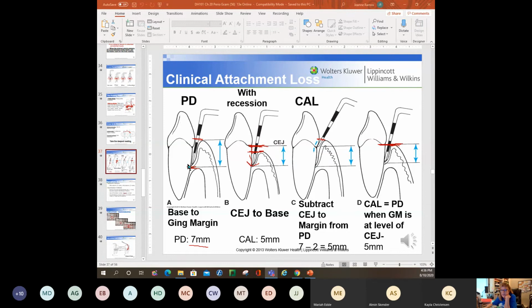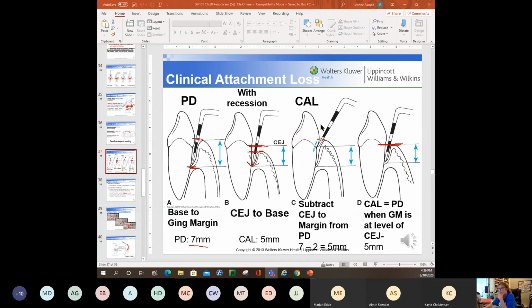This gum has receded down to where you can see that. So it's not going to have as deep a pocket from here to the top of the gingival margin. But then we also are going to need to measure the recession. So we add the recession onto the pocket, and you'd come up with the same 7 millimeter pocket.